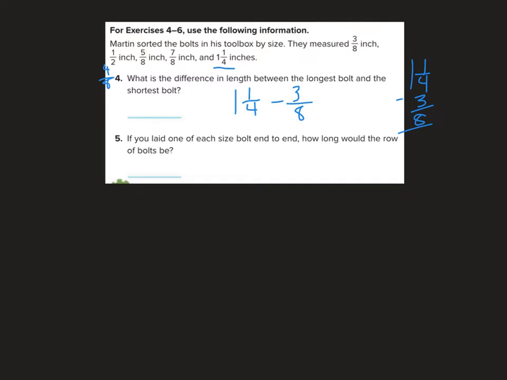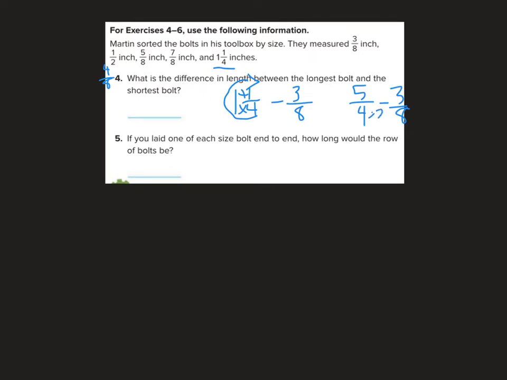And then I'm going to have to ungroup. So I think what I'll do is I'll change 1 1/4 into an improper fraction. Let's do it that way. If I circle up, 4 times 1 is 4, plus 1 more is 5/4. So here we're really doing 5/4 minus 3/8. Okay, now you got to get common denominators.